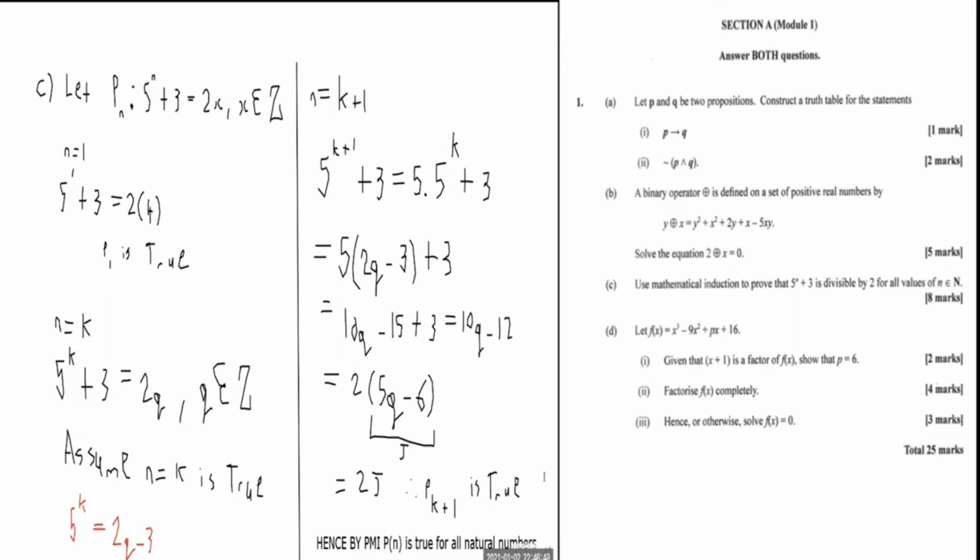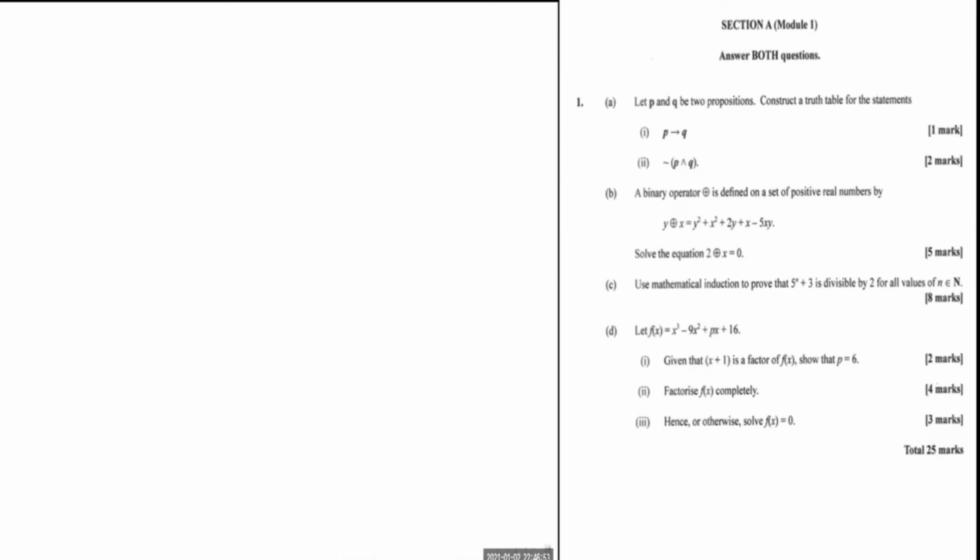All right, now we reach part D. Part D, it says, f of x is x cubed minus 9x squared plus px plus 16.